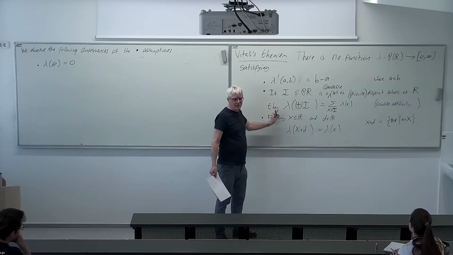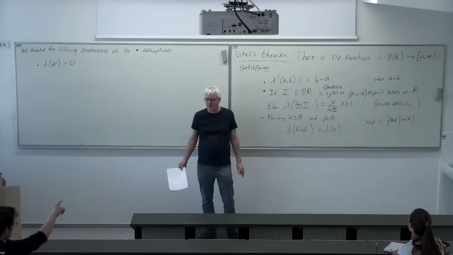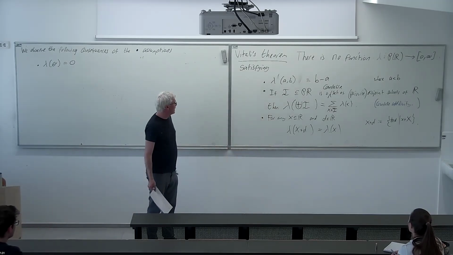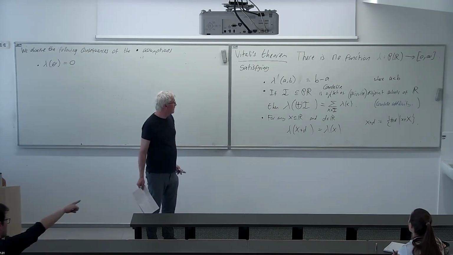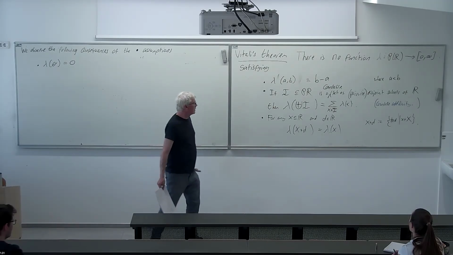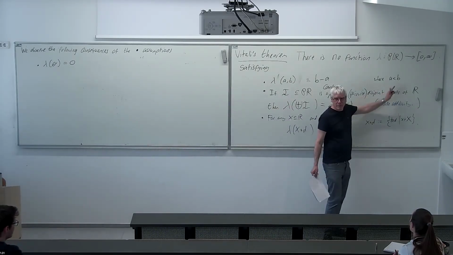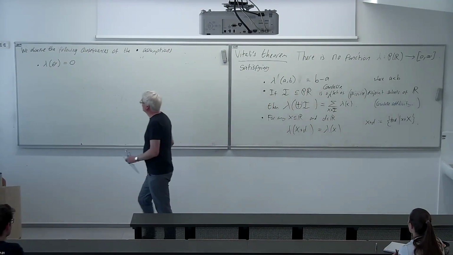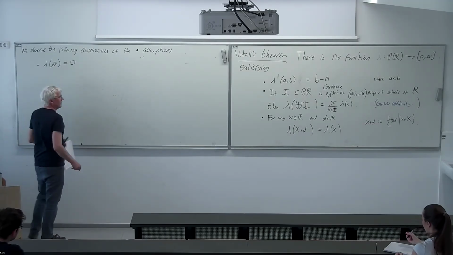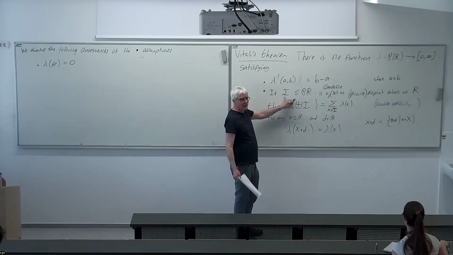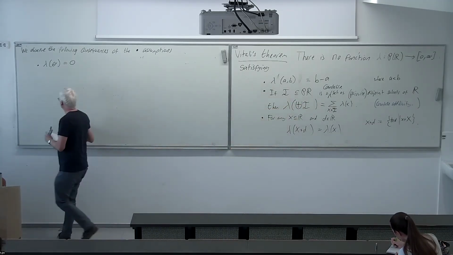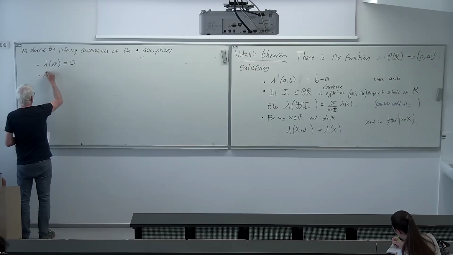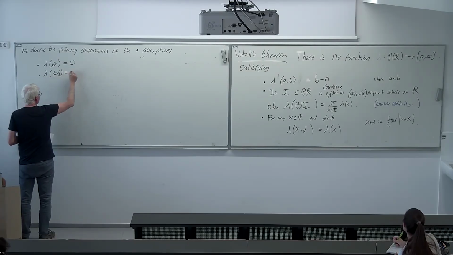So for the moment, let's view it as a special case of this, but there might be another way of getting it from the first bullet point. We don't have a monotonicity condition yet. The condition is that a has to be strictly less than b, so we can't get the empty set that way. Anyway, I'm getting it from this with curly I being the empty set, but there might be another argument for it too. For any x in the reals, the length of the singleton is also 0.